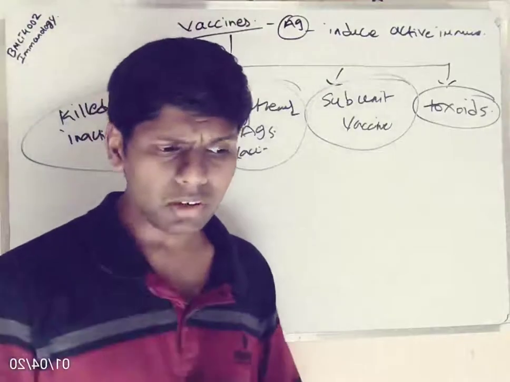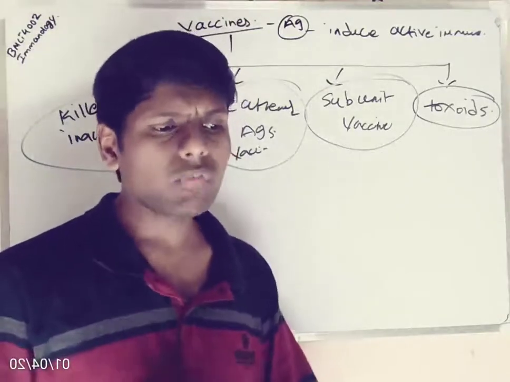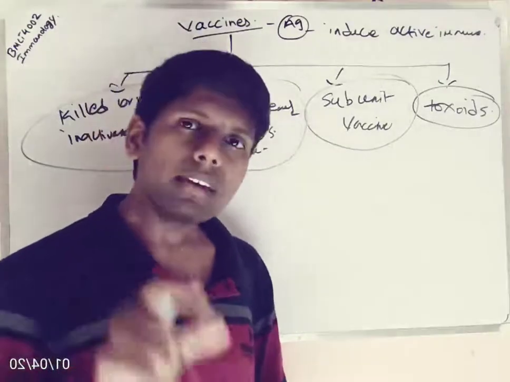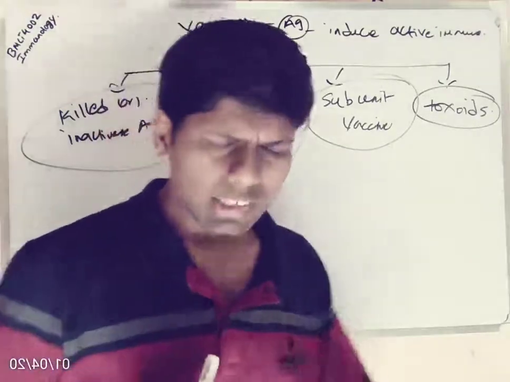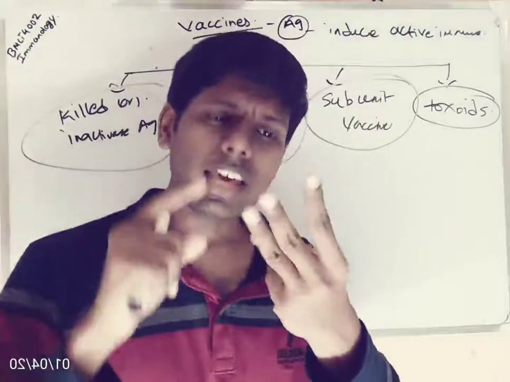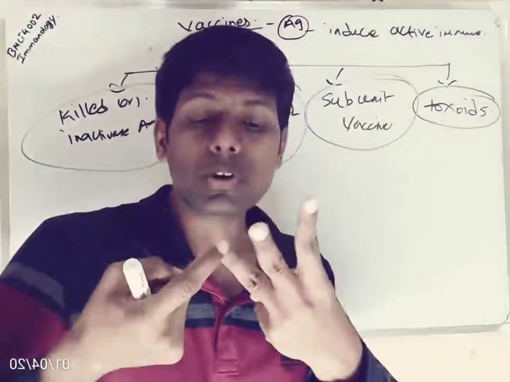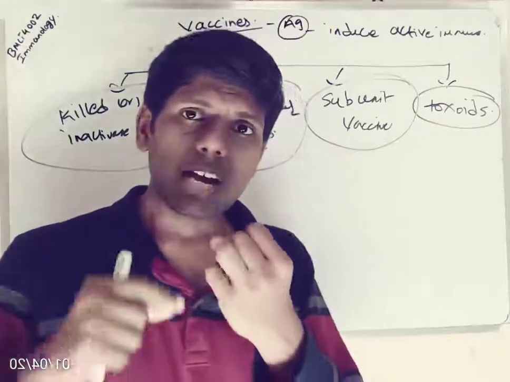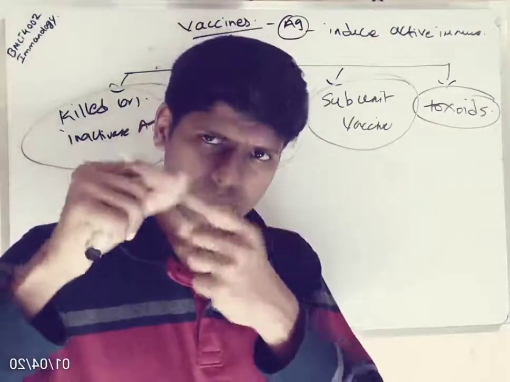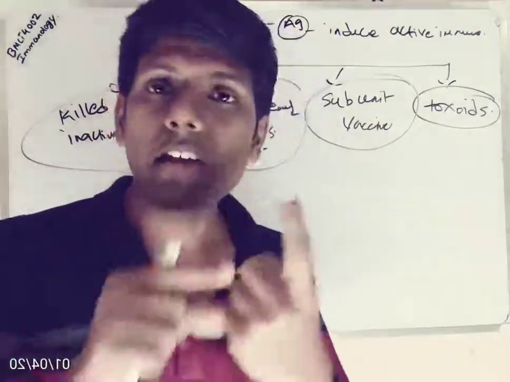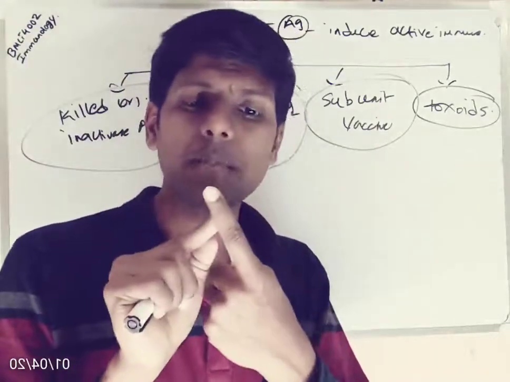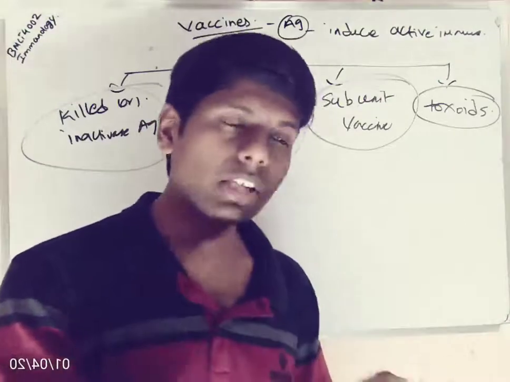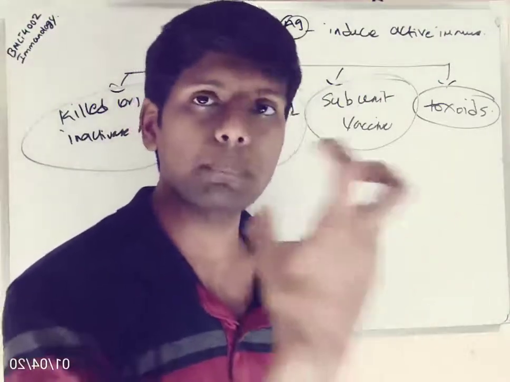So what kind of approach can I go for to develop antibodies in the patient? Maybe I can go like this. This corona has 3 proteins, right? The S spike protein, then it has a membrane protein and an envelope protein. Maybe I will take only the spike protein. I will take the gene that codes for the spike protein and insert this gene in a fungus, and that fungus will start synthesizing the spike proteins.